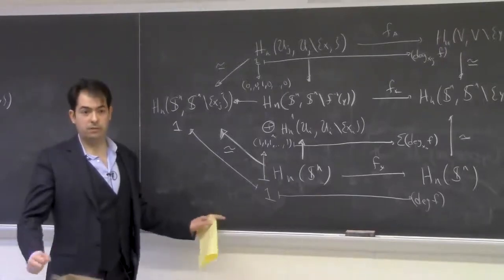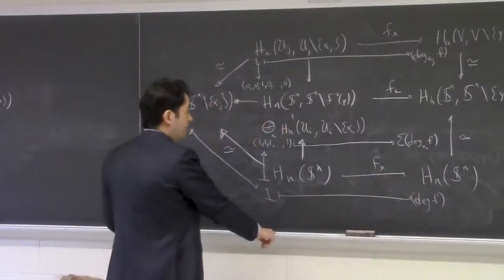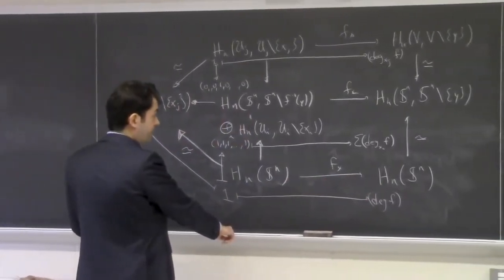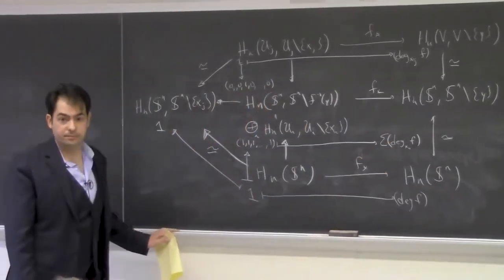OK? So we win. So this map is the same as this map, which is the sum of the local degrees.